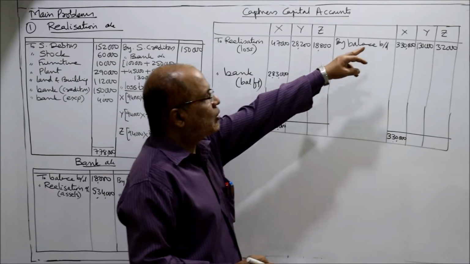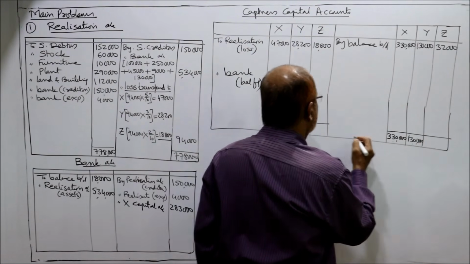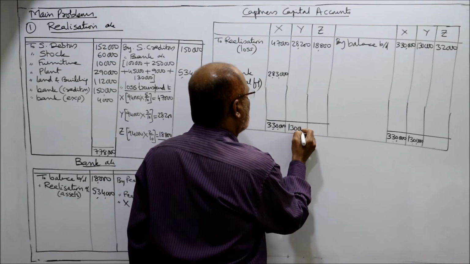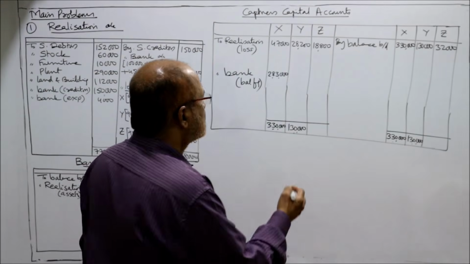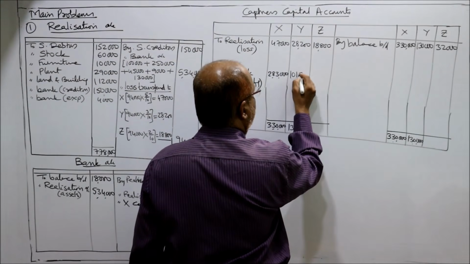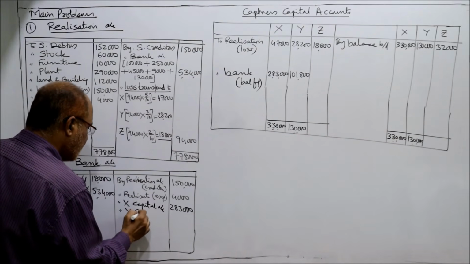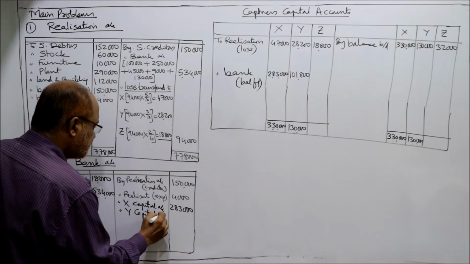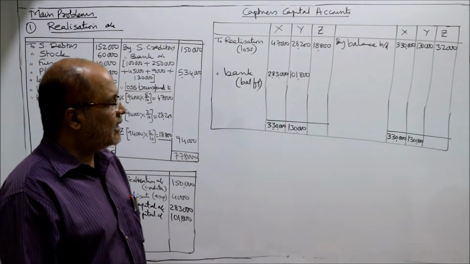Similarly, Y, the total of Y is 1,30,000. 1,30,000 minus 28,200, 1,01,800. 1,01,800 is paid to Y. Y capital account 1,01,800.